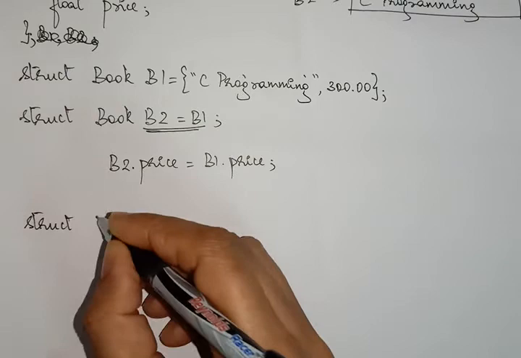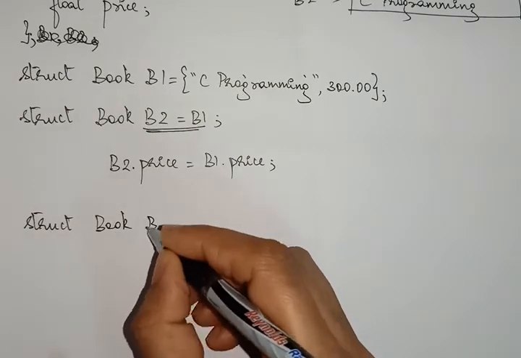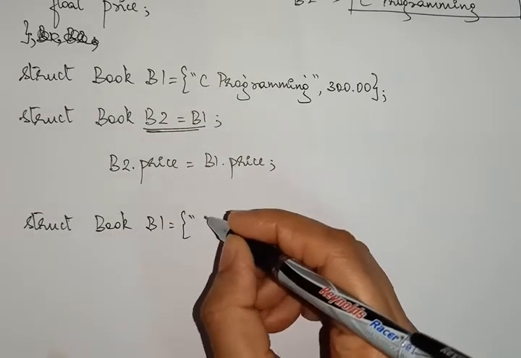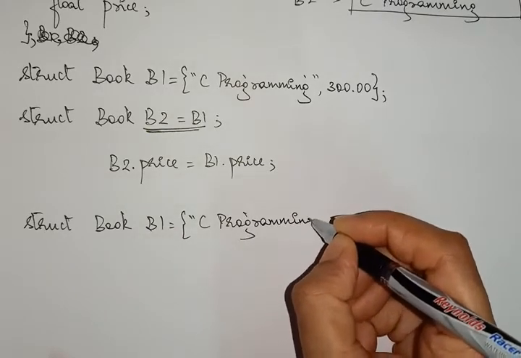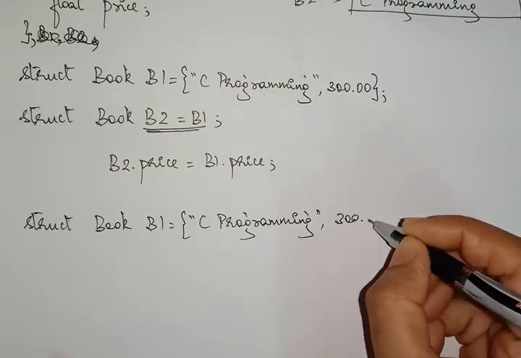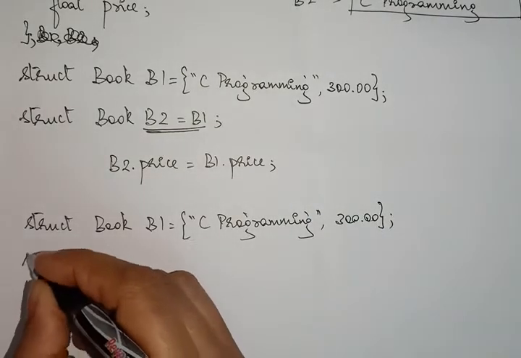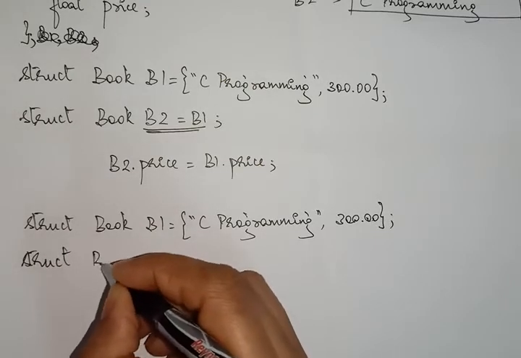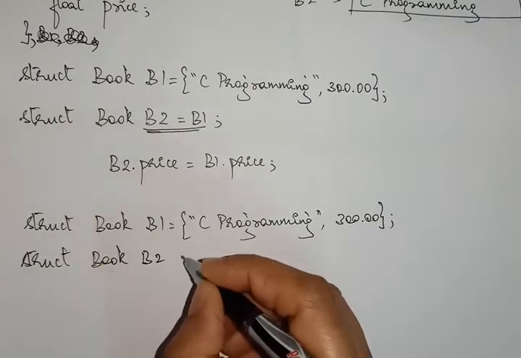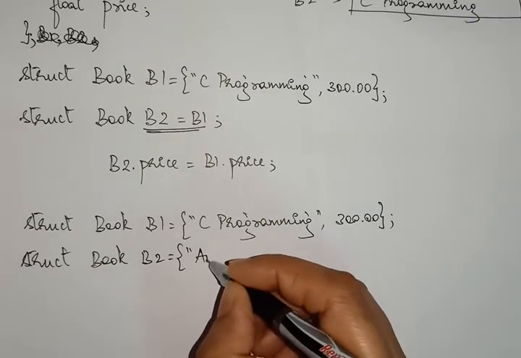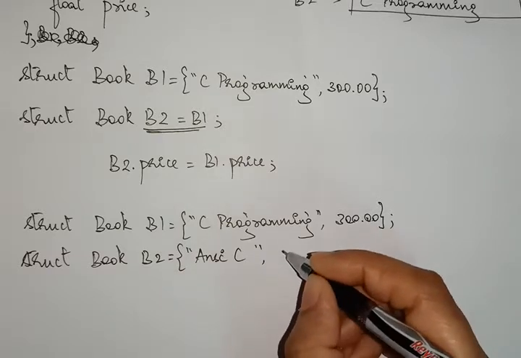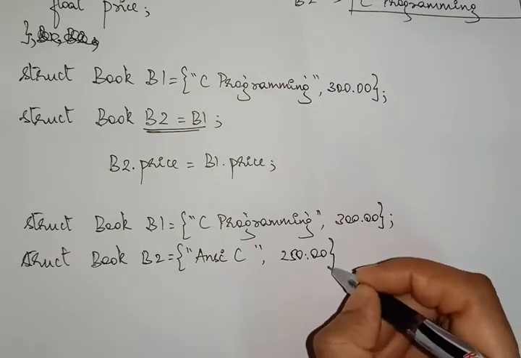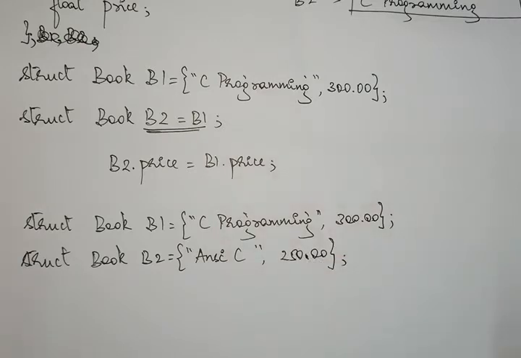So struct book B1, say I give C programming, and the price is this, and I have struct book B2 equal to, say, CC, and you specify it like this. This is the value that you specify. So this is how you have initialized.